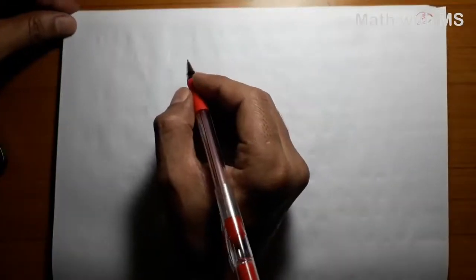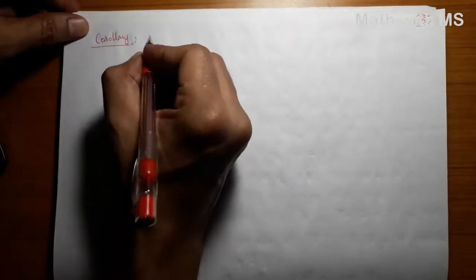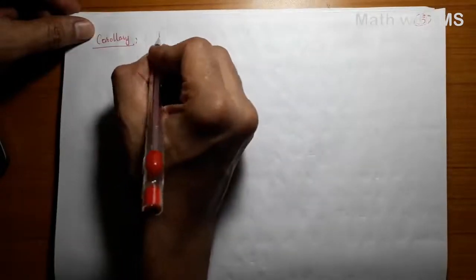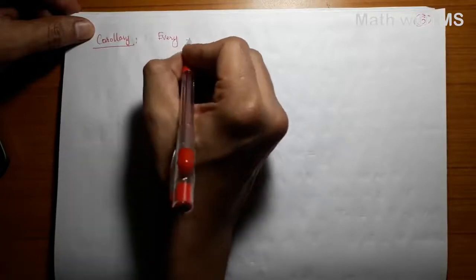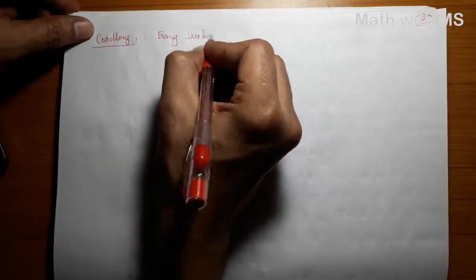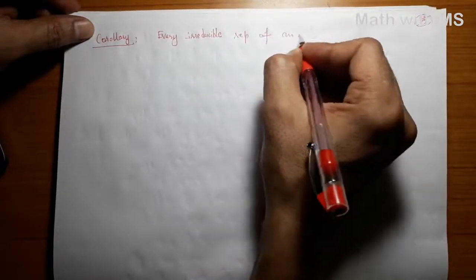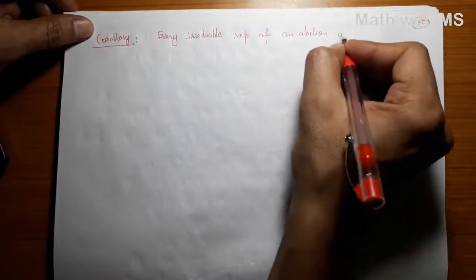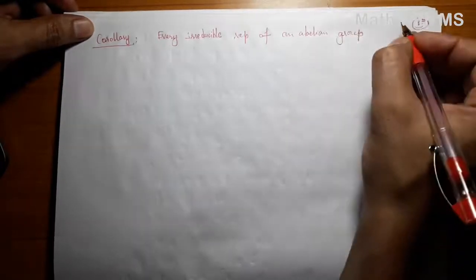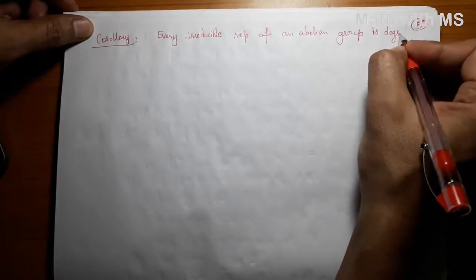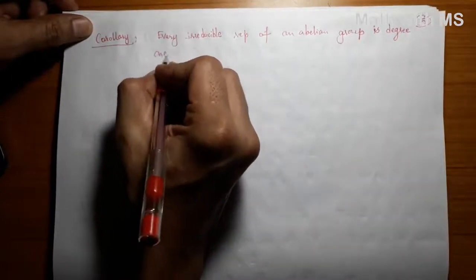Another interesting consequence of Schur's lemma is the following corollary. Every irreducible representation of an abelian group is of degree 1, or one dimensional.